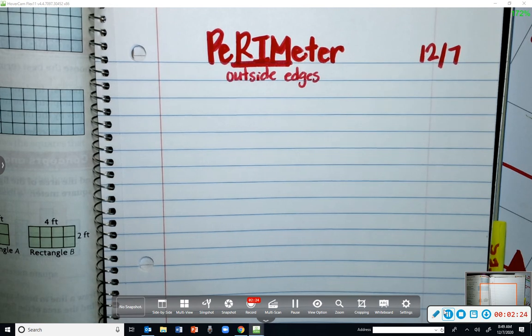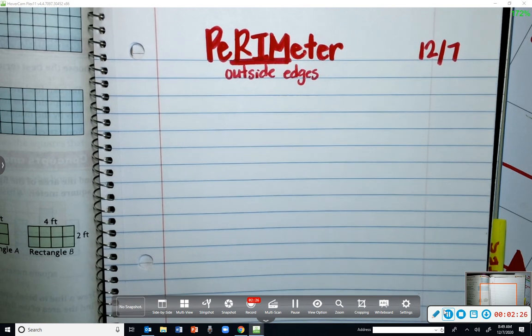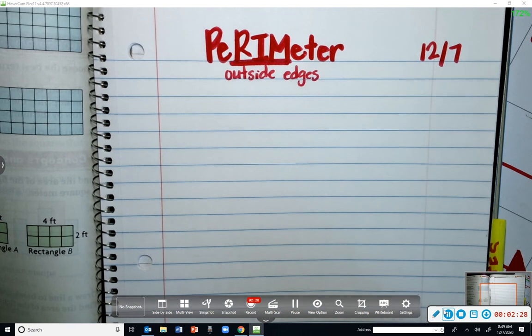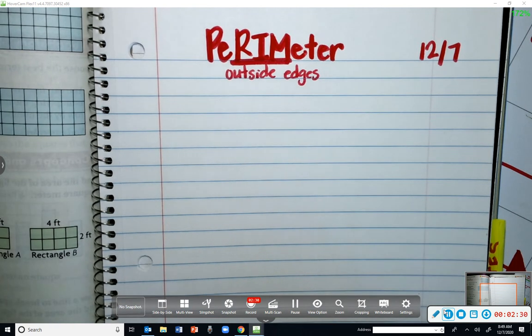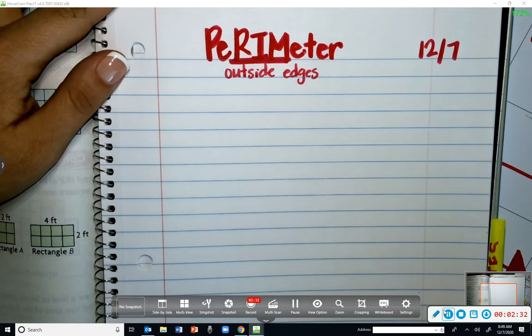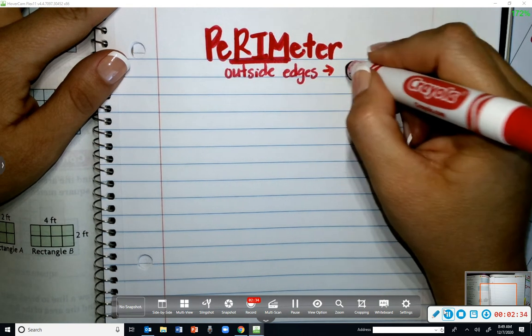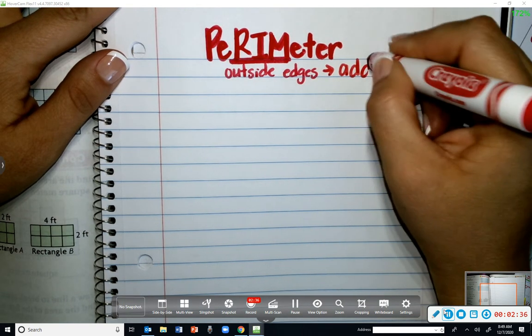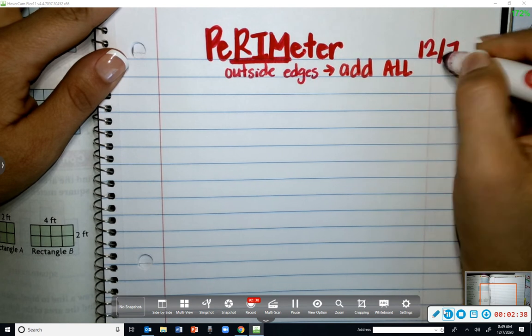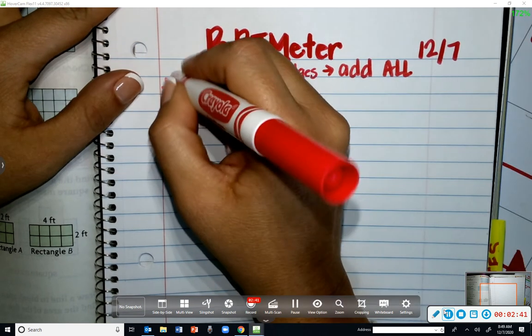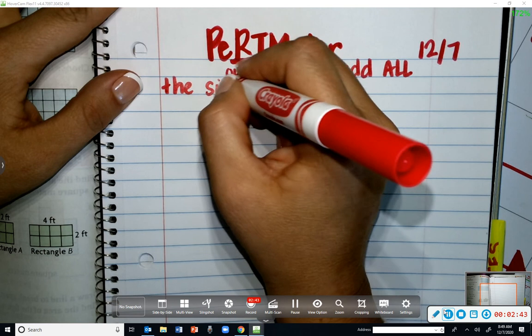What do we do to find the perimeter? What did you see in the video, the BrainPOP video? What were they doing on all of them, Kelsey? They were adding. Adding, good. Add all the sides.